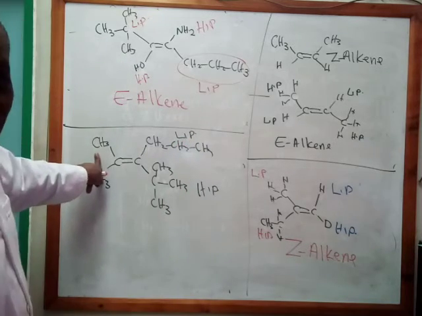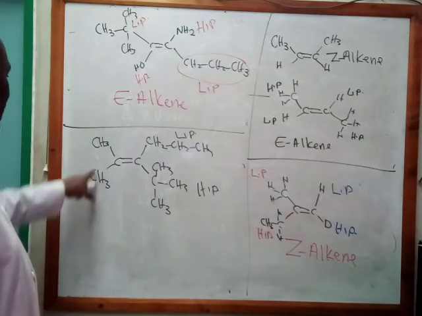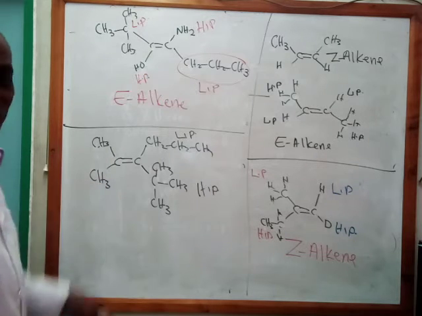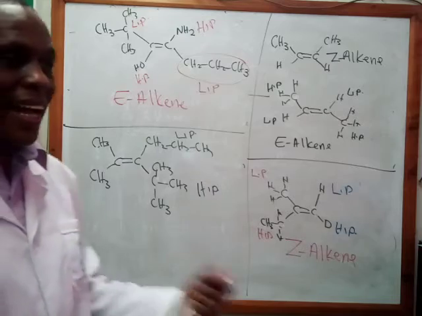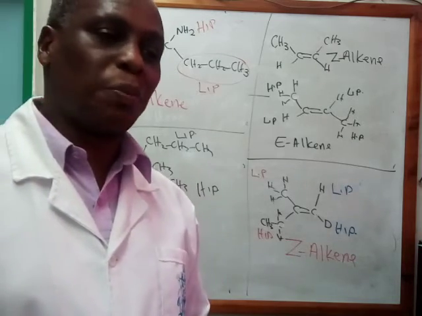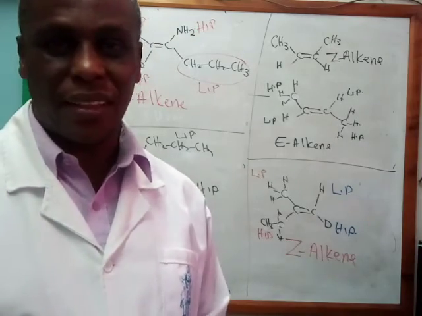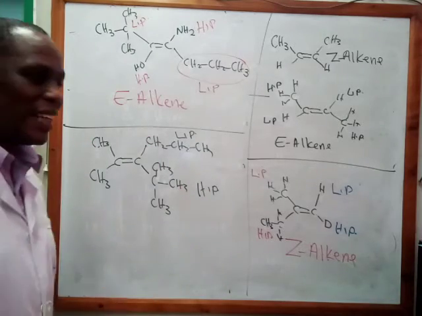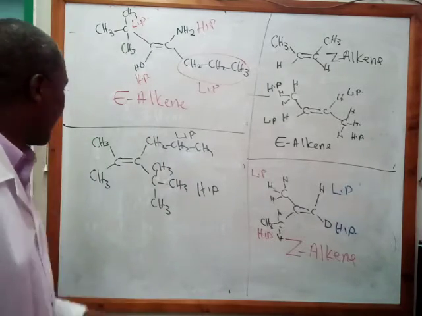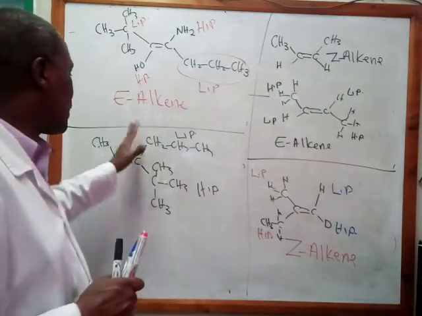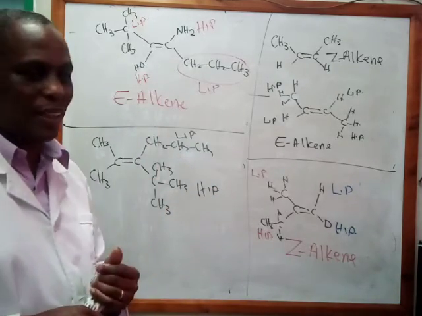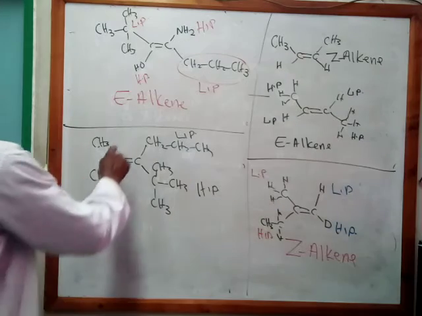But when I'm coming to this side, what can I see? There is a methyl group here, and a methyl group here. I cannot say one methyl group has a high priority compared to the other one. So the other rule which I'm going to bring is that if you have two similar groups on the same side of the double bond, you understand this?